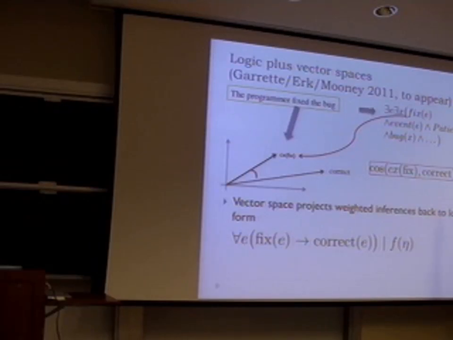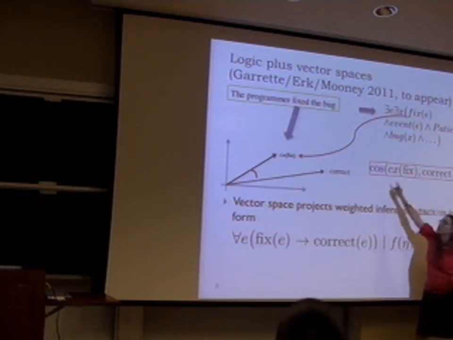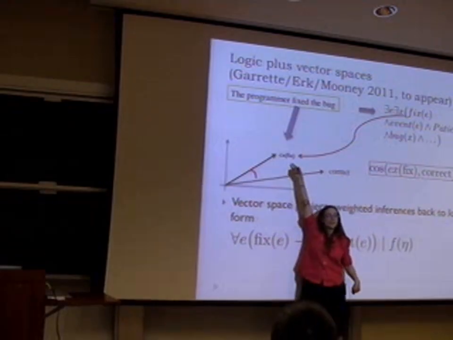For example, by saying that fix, the variable here also occurs in patient E, so you have fix is relatively close in the logical form to this bug thing here, so you can talk about other predicates in the logical form that can help you contextualize fix and compute this here.